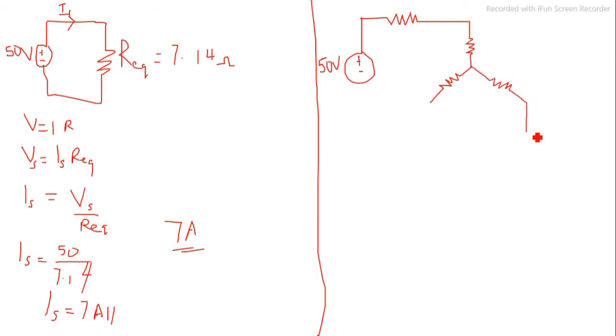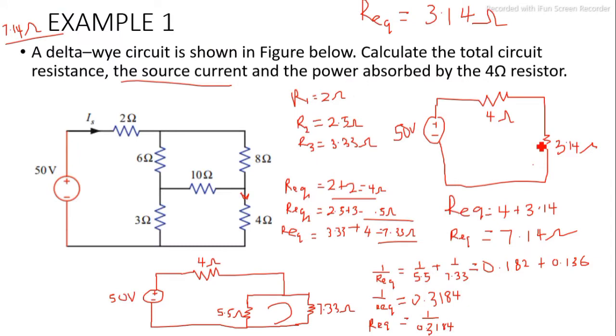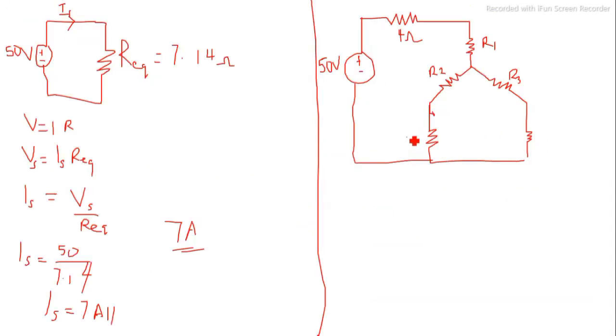Then you have it connected to this, and to this also. Then this completes the circuit. So this is 4 ohms. This is R1, this is R2, this is R3. This is 3 ohms, and this is 4 ohms.